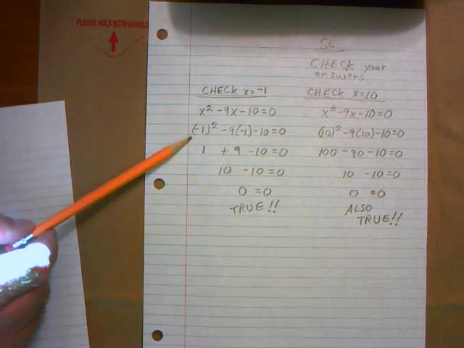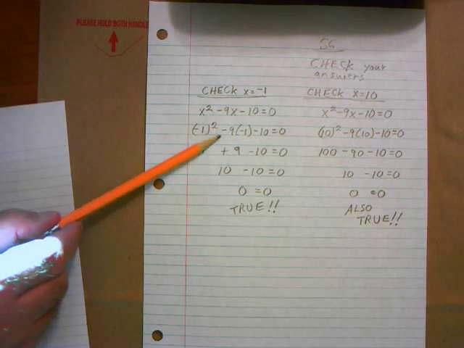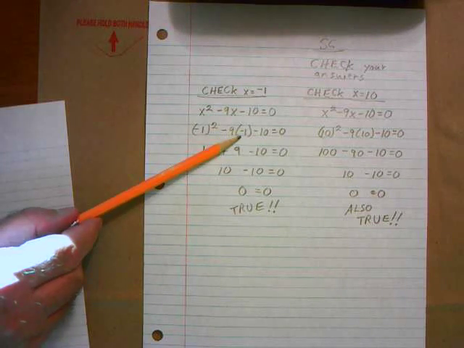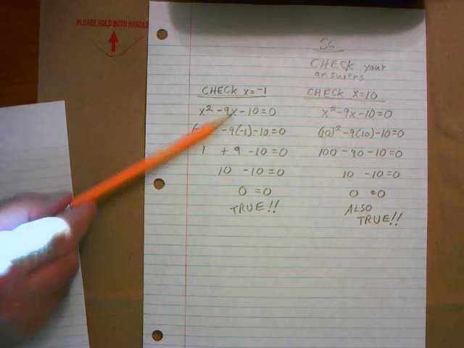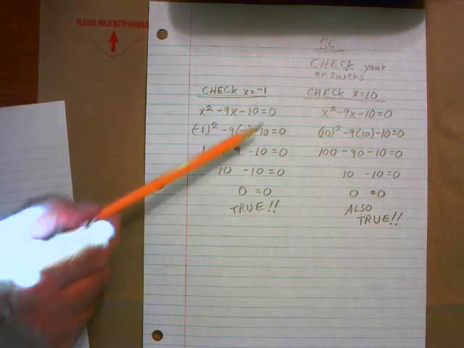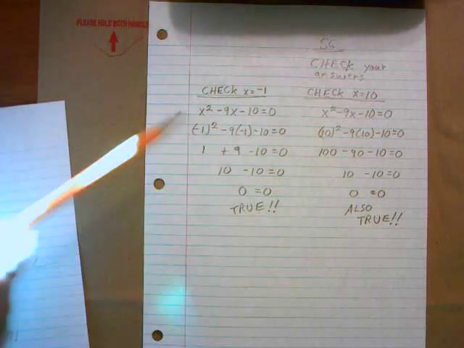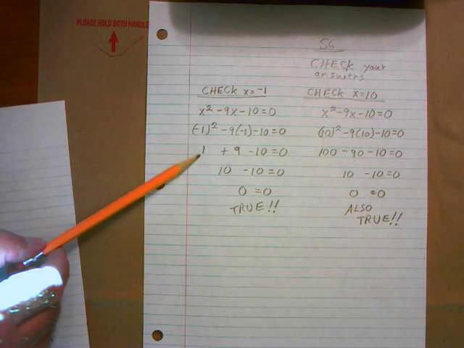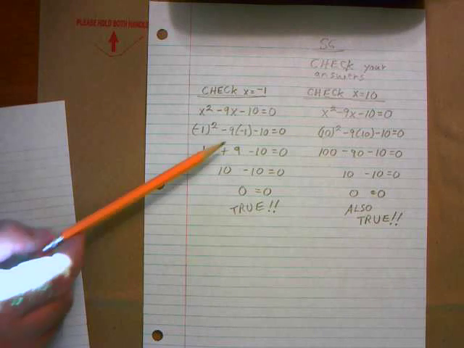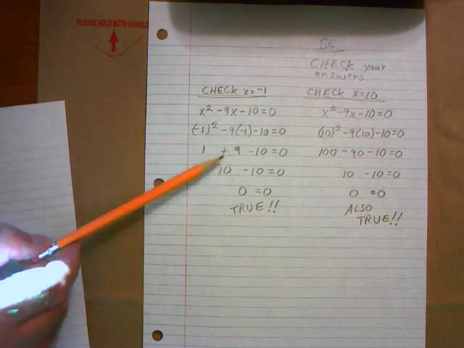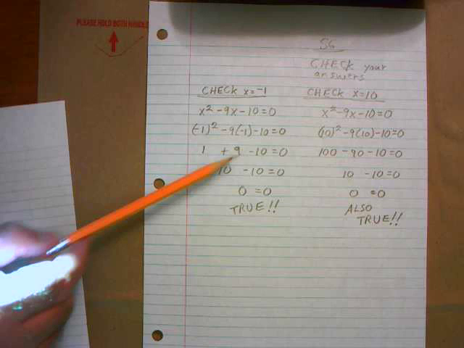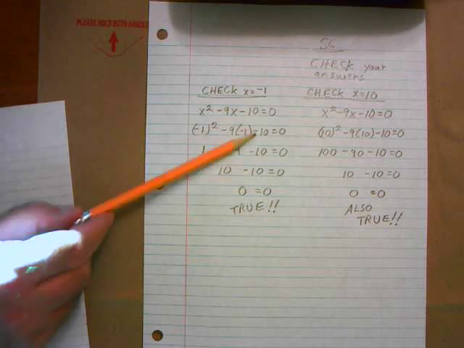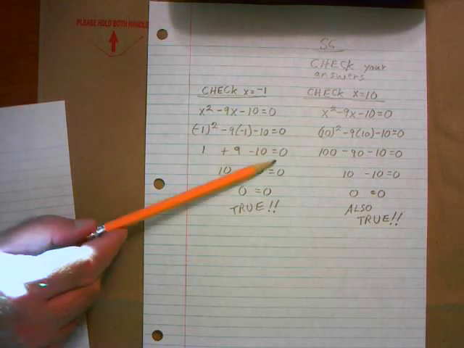So we have negative 1 squared minus 9 times negative 1, putting in negative 1 for x in both places, minus 10 equals 0. Well, let's see. Negative 1 squared is negative 1 times negative 1. Well, that's a positive 1. So that's positive 1. Negative 9 times negative 1, well, that's positive 9. And we're just bringing down the negative 10, no change there, equals 0.